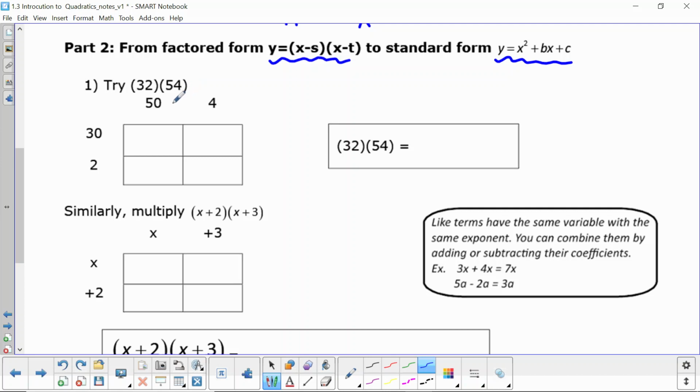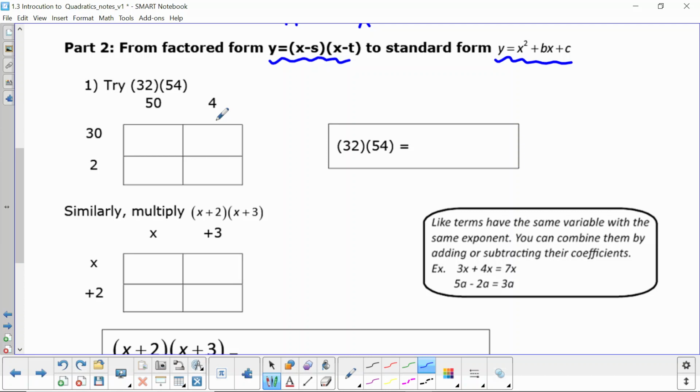If we don't want to use a calculator, we could use a box, an area model. So 32, we could write as 30 and 2. 54, we could write as 50 and 4. So one side of the rectangle is 32, another side is 54. Multiplying these two sides together, you will have the area of this rectangle.